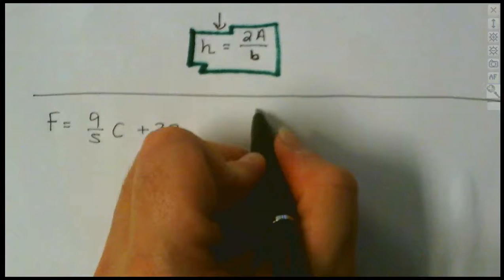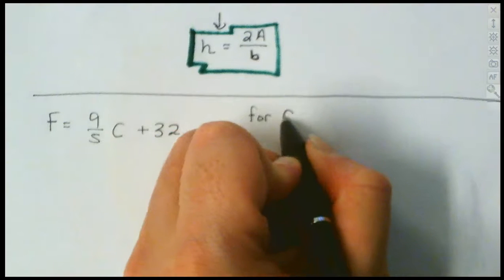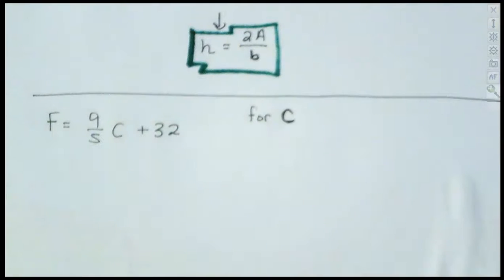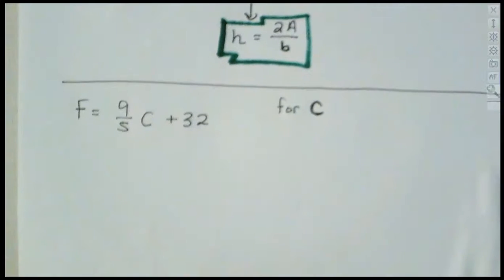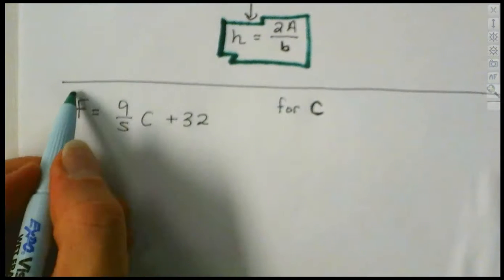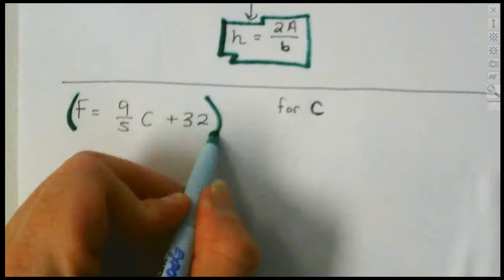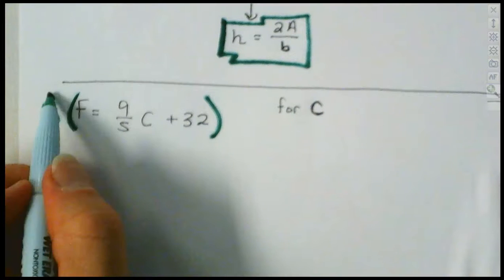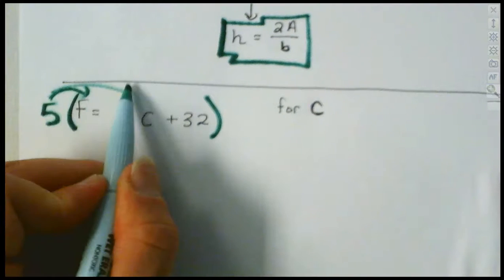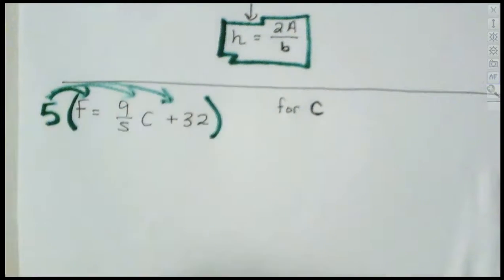And let's go ahead and solve this for C. So we want to solve this for C. What we're going to do first is we're going to try to get rid of our fractions. So I'm going to multiply everything by a 5. And we'll distribute through. So multiplying everything by 5 to clear out that fraction.